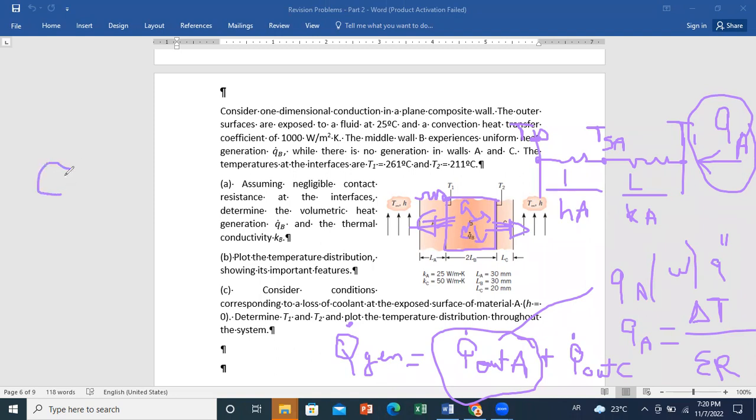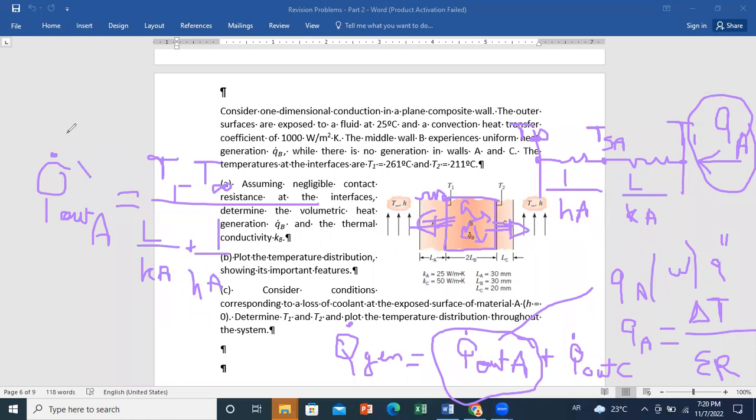We can write that Q dot out from the side of A can be computed as T1 minus T infinity over the sum of resistances, which is the resistance of conduction and the resistance of convection. So I have L over Ka plus 1 over Ha.